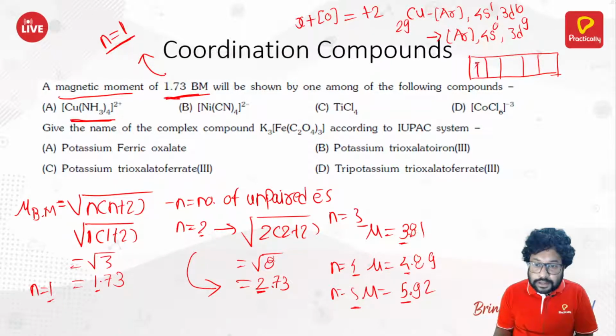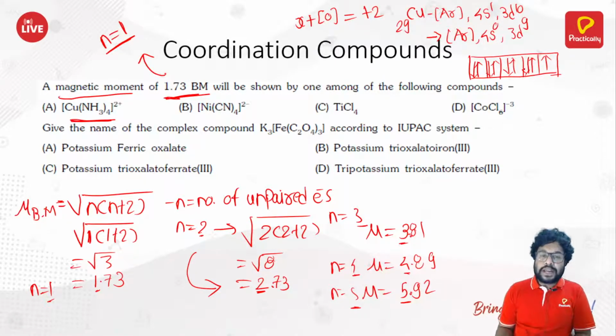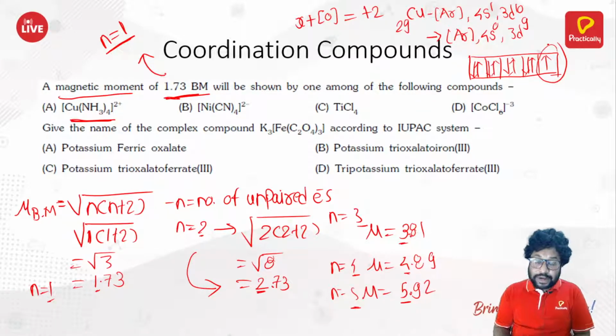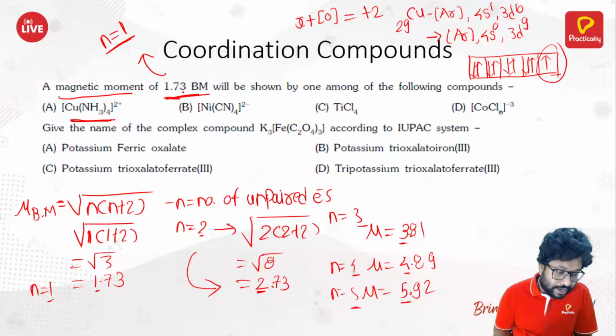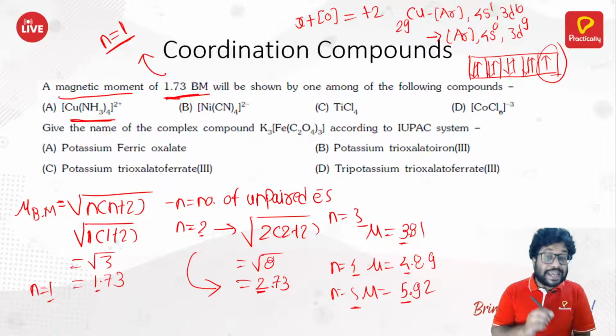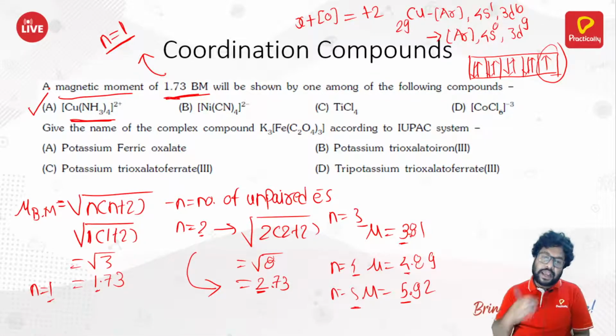You will arrange them as 1, 2, 3, 4, 5, 6, 7, 8, 9. How many unpaired electrons do you have? A single unpaired electron. And that single unpaired electron corresponds to 1.73 BM as the magnetic moment. And that is why your answer here should be A. Now let me tell you for the other species also.